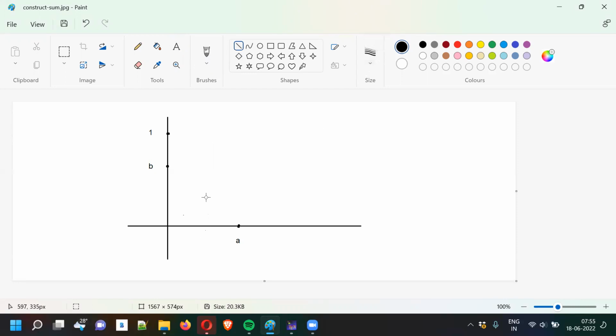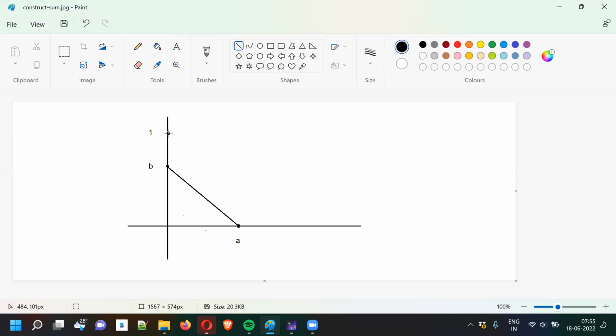Okay, so what do we do now? Join the line segment a to b here. So this gives a triangle, right? Now this is a line segment, and the one on the y-axis is a point outside this line segment.